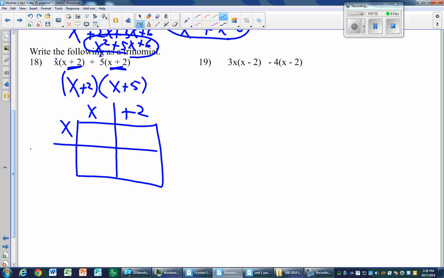X plus 2 goes there. X plus 5 goes there. Now what we do is we do x times x, and we put the answer right there. That's x squared. Then the next thing that we do is we do x times 2. The answer goes there.